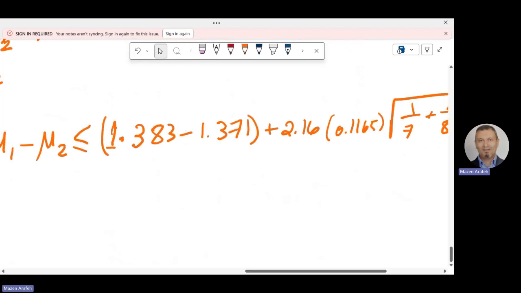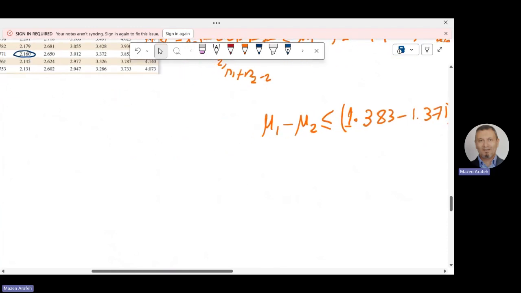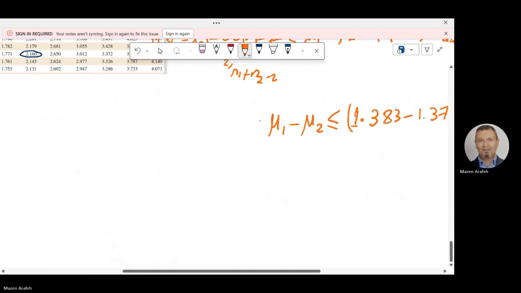So this is one side. Now let me do the other side here.